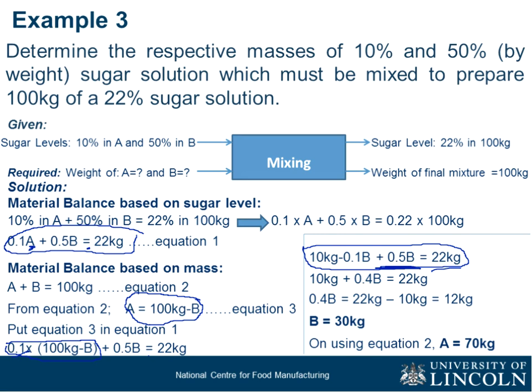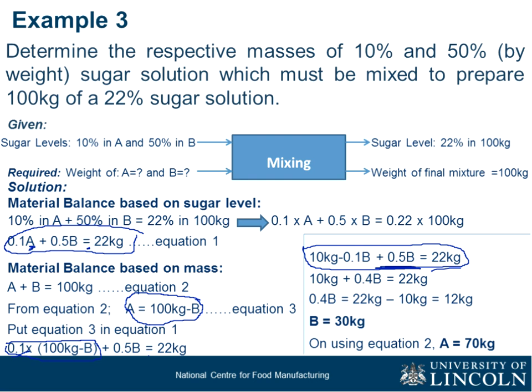Minus 0.1B is coming from 0.1 multiplied by B. So here we have minus 0.1B, we have plus 0.5B. You could see common elements now that we can put together. So minus 0.1B plus 0.5B. Now add them together.